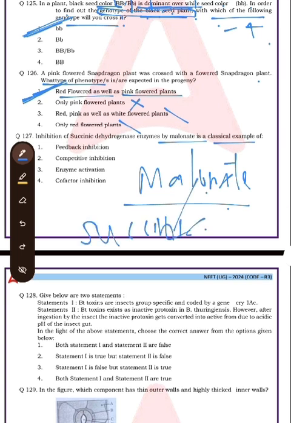Succinic dehydrogenase means this malonate appears similar to the substrate and goes for the substrate binding site of this enzyme. It is resembling the substrate to go for the substrate binding site. It is competing with others, so it is called competitive inhibition.